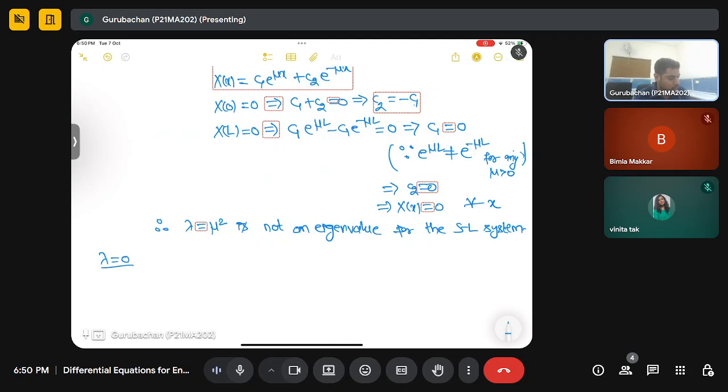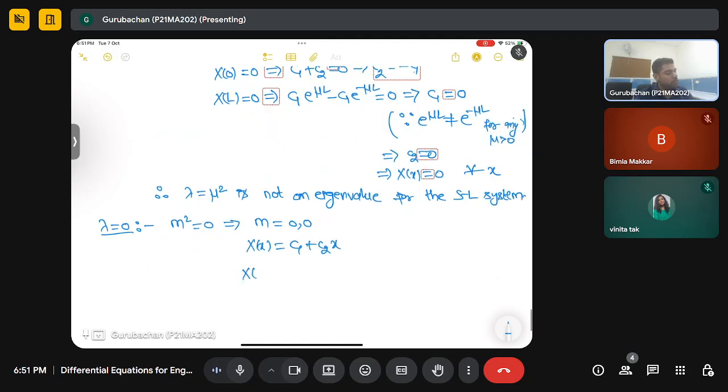Lambda equal to 0, m square equal to 0, that implies m is 0, 0. So from here X(x) will become c1 plus c2 x. We have given that X(0) is 0, so this will imply c1 is 0. Next, X(L) is 0. Since c1 is 0, we are left with c2 L is 0. Since L cannot be 0, that means c2 has to be 0.